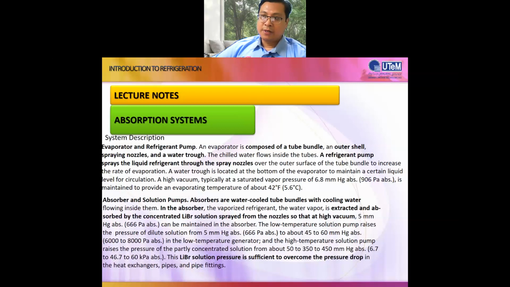So actually, this one is for the cooling system. For the cooling system, they use the spray nozzle to make a low temperature when utilizing the absorption system.